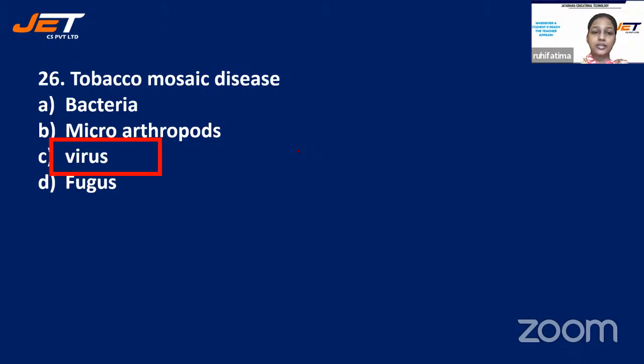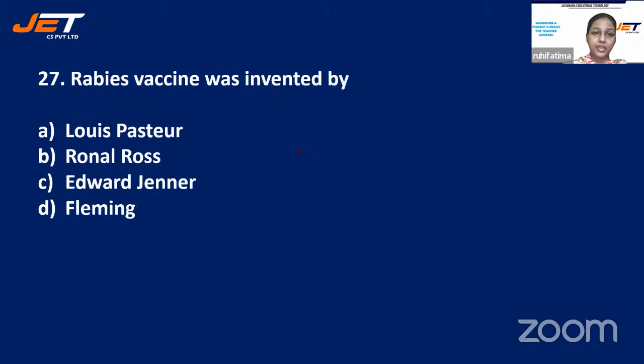And the correct answer is option C. It is a virus. It is caused by virus disease. And the name of the virus is tobacco mosaic virus, or we say TMV. Okay, it is a plant disease.